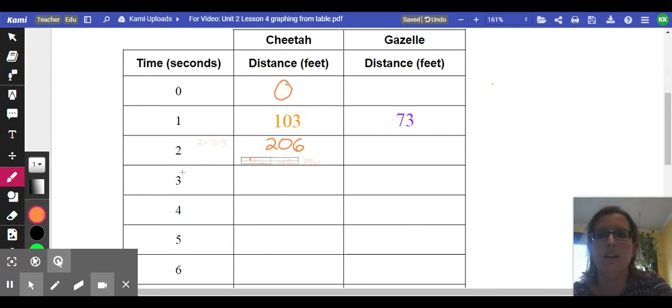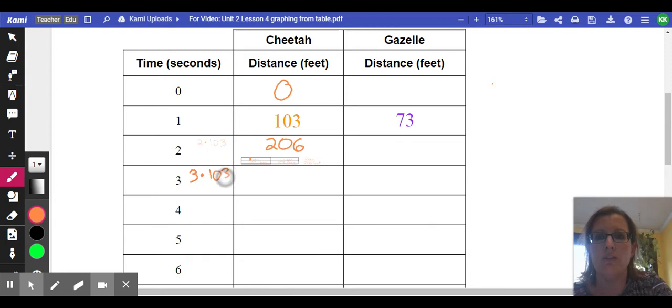So our next second measurement is 3 seconds. So we would do 3 seconds times 103 feet, because each second that cheetah will travel 103 feet. 103 the first second, 103 the next second, and then 103 more the third second to get 309.